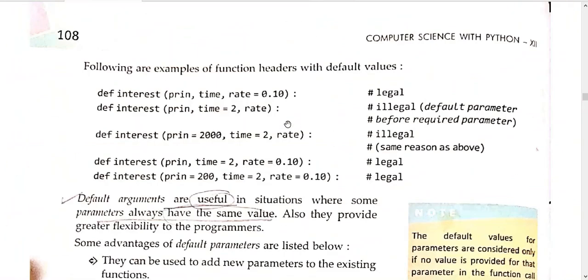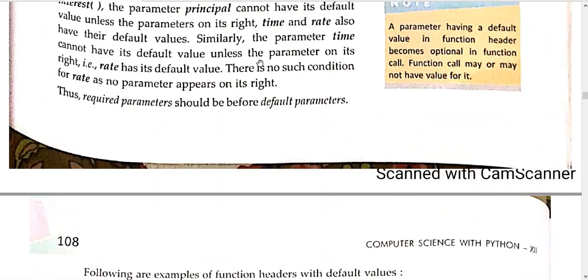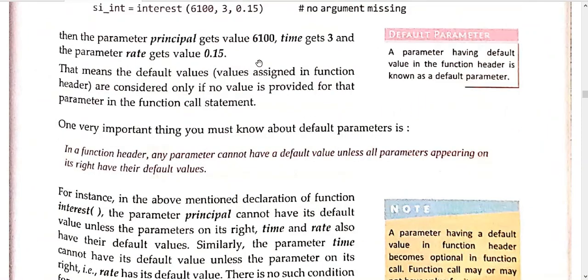So let us now consider a few cases, which are legal and which are not legal. These are a few function definitions: principal, time and rate. We always have to keep one thing in mind, that this line is very important.